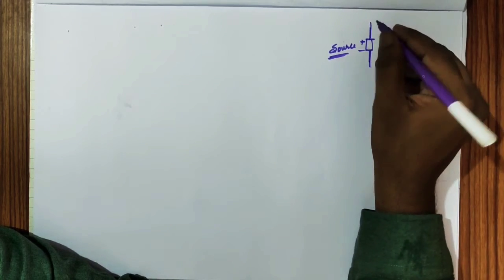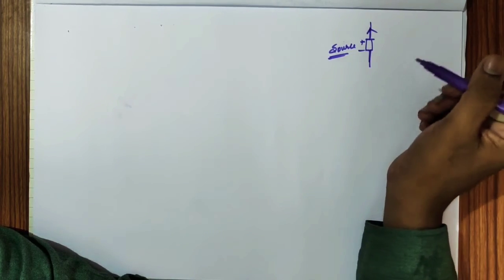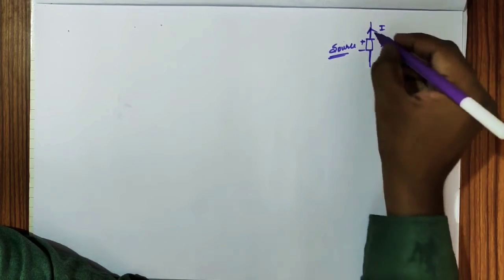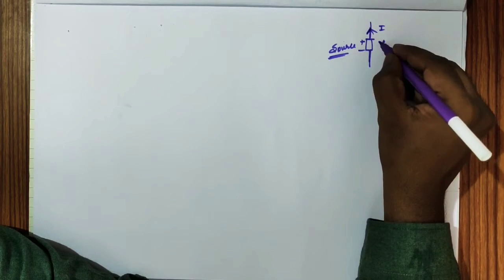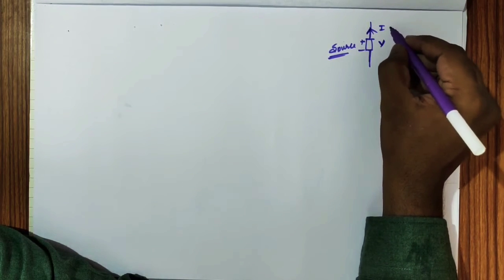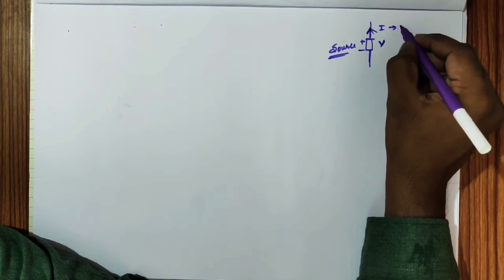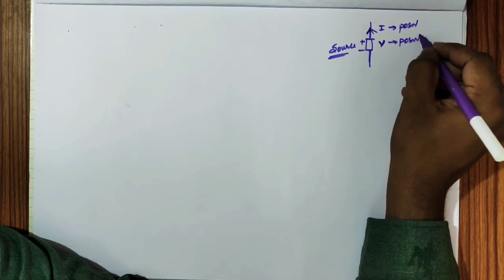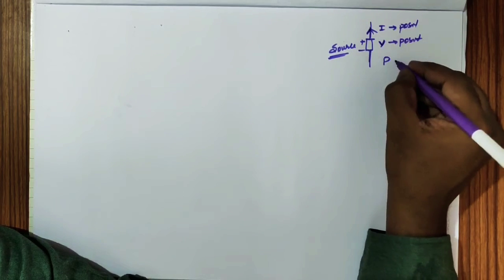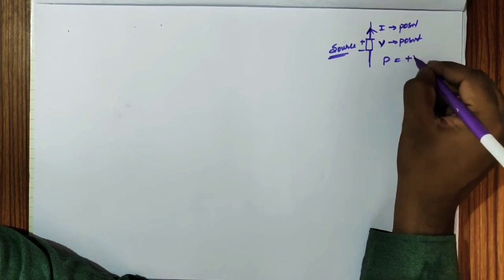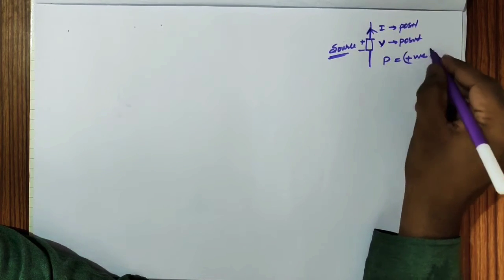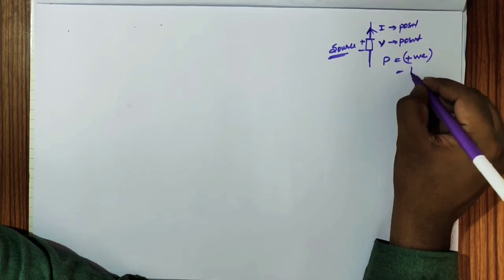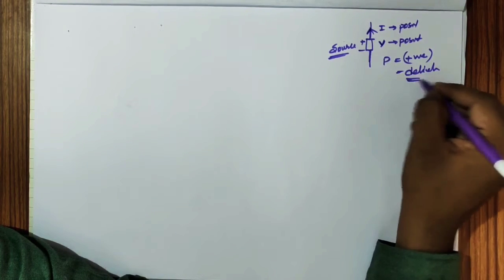If I assume the current I is delivered and the voltage is V, and the current I is positive and the voltage is also positive, then the power delivered by this is positive. If you get positive power, it means it is delivering power.